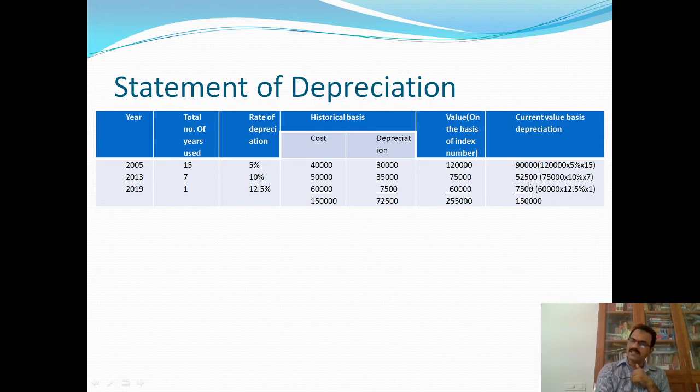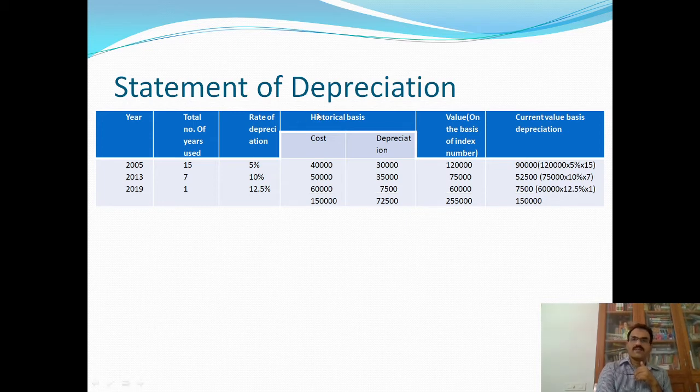So total depreciation will be 1,50,000. So here current value basis depreciation is 1,50,000 and historical basis is 72,500. So 1,50,000 minus 72,500 will be charged to profit and loss account.